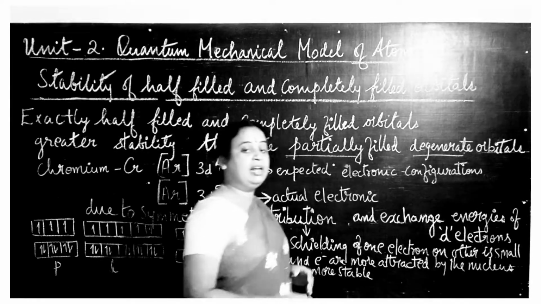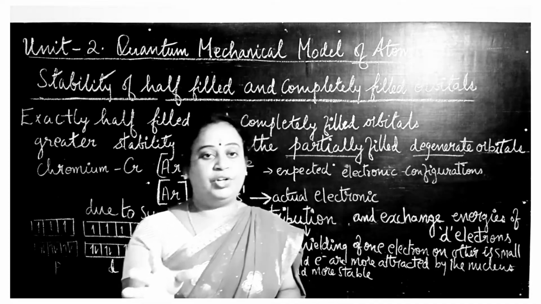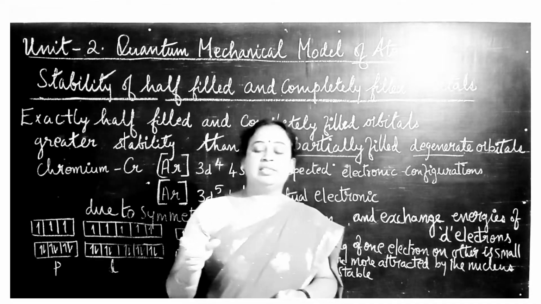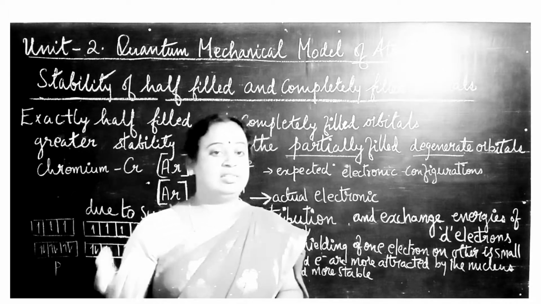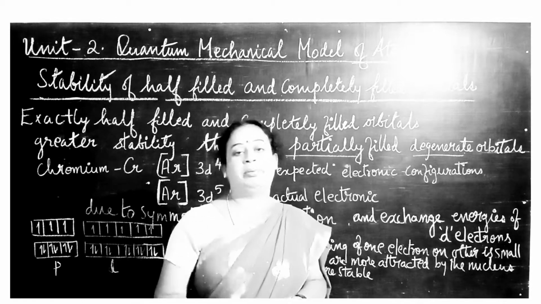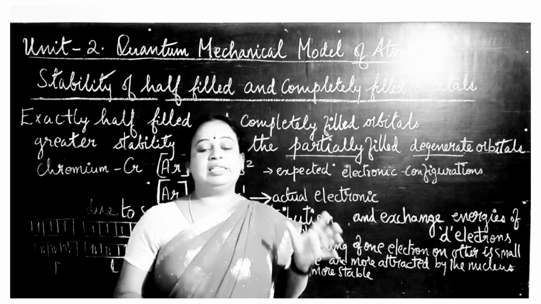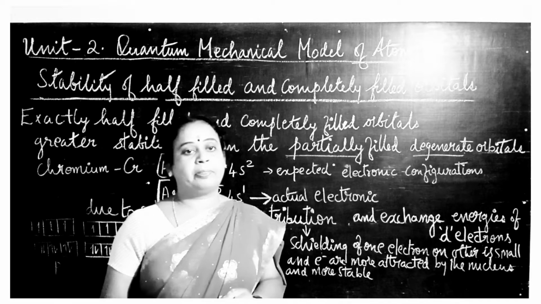Because there are 5 types of d orbital. What are they? dxy, dyz, dxz, dx square minus y square, and dz square. Fine. So all these d orbitals have the same amount of energy.